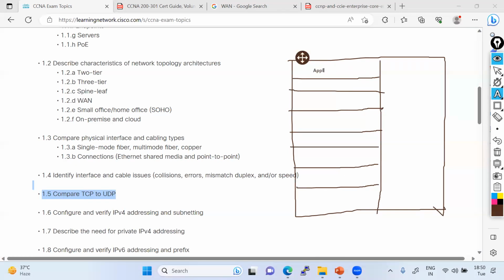The first one is the application, then presentation, session, transport, network, data link layer, and the last one is the physical layer.